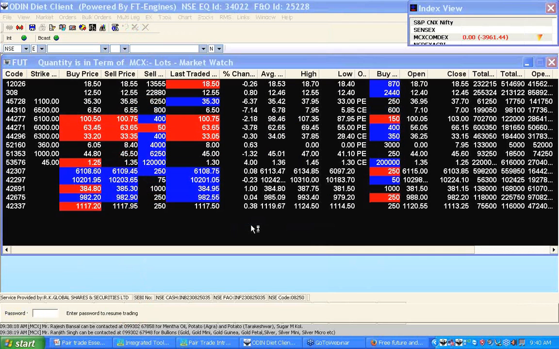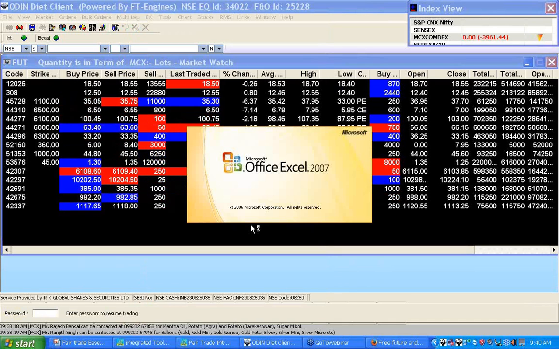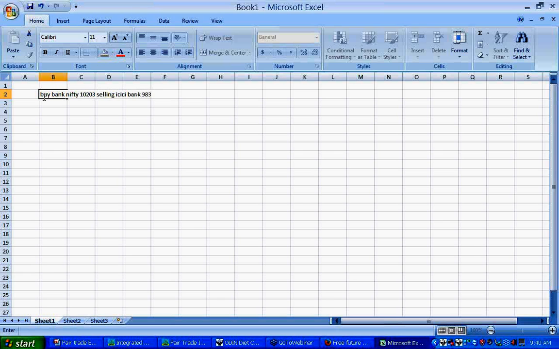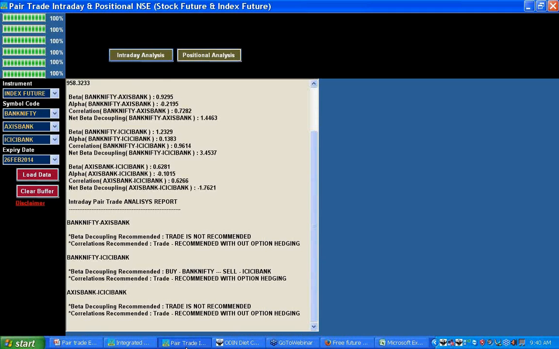So I am just going to buy Bank Nifty at 10,203, and simultaneously I am selling ICICI Bank at the 983 level, based on the recommendation of this tool, and this is for intraday.